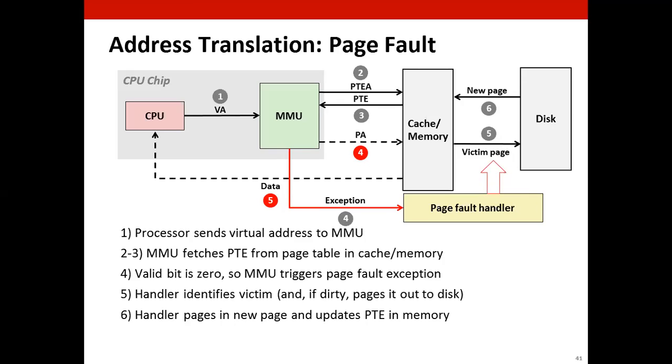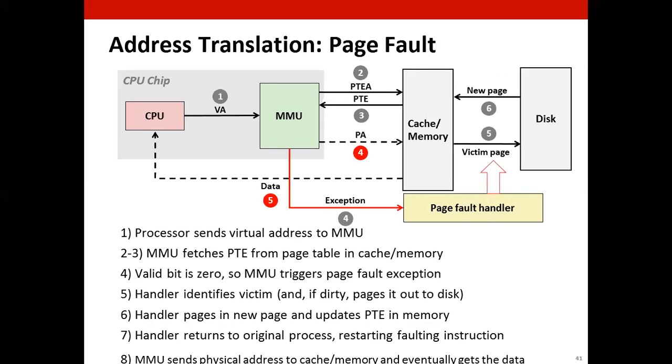Now it has to update the page table entries, and then the CPU can re-execute the instruction, which generates a new virtual address. That is actually the same virtual address, but the CPU needs to reissue it, so that now when we read the page table entry, we will find the valid bit set, and then can execute that instruction safely. Okay, so that is it for virtual memories.